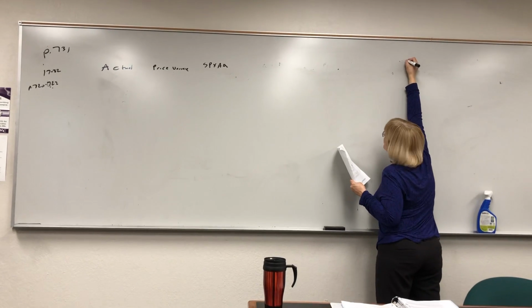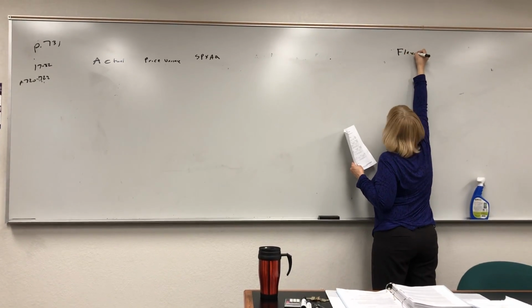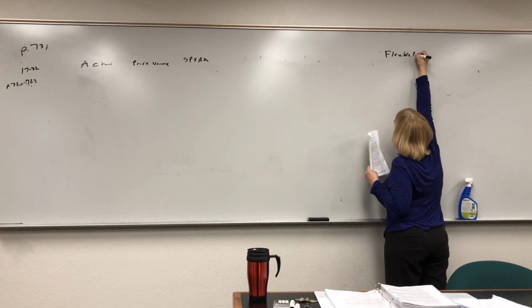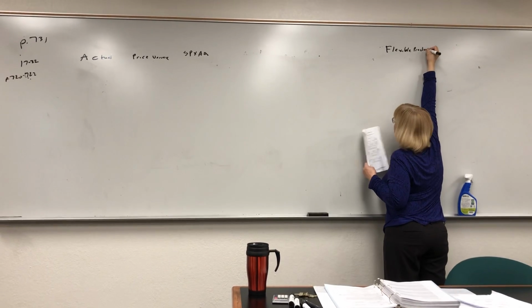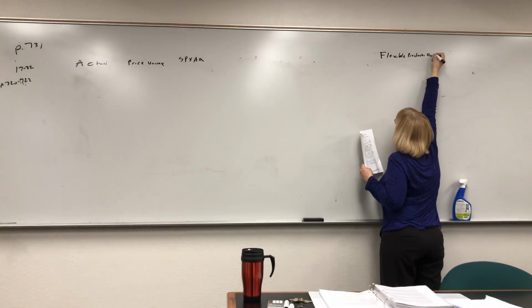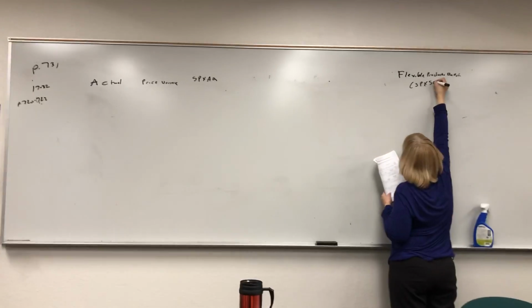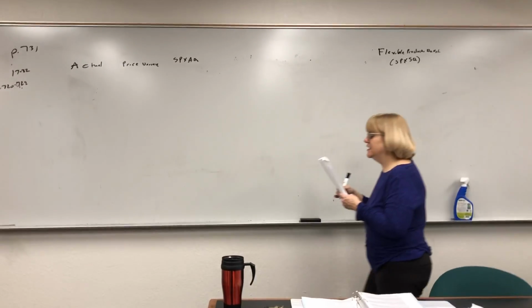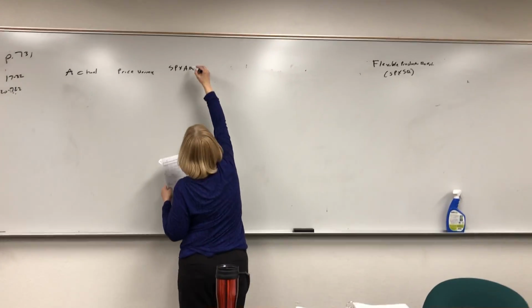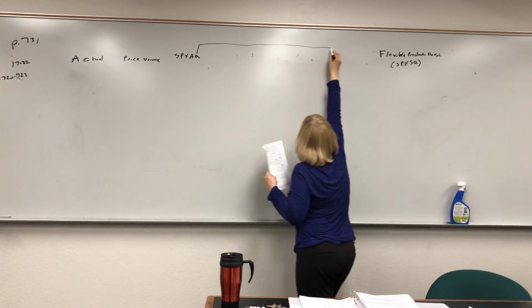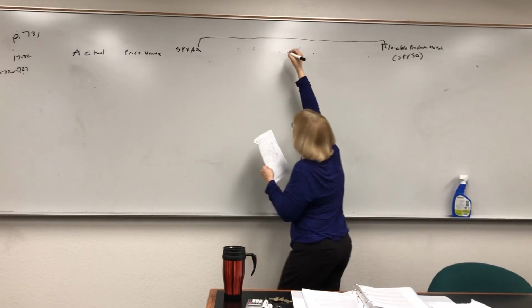So we still have over here our flexible production budget, which remember is our standard price times our standard quantity. And the difference between these two is going to be our efficiency variance.